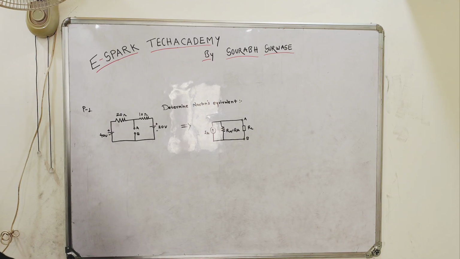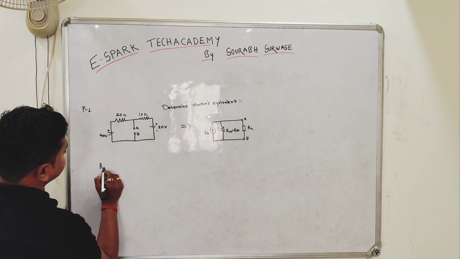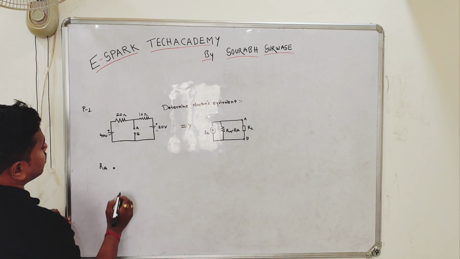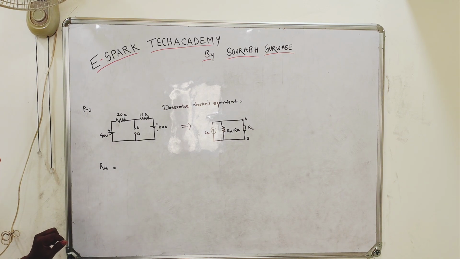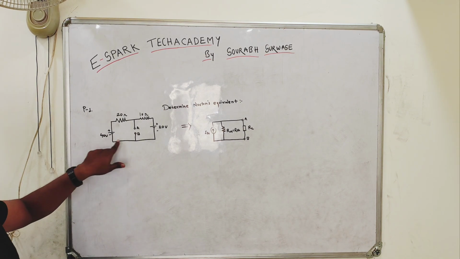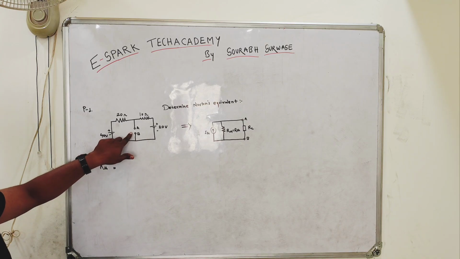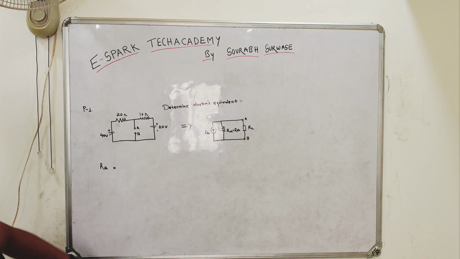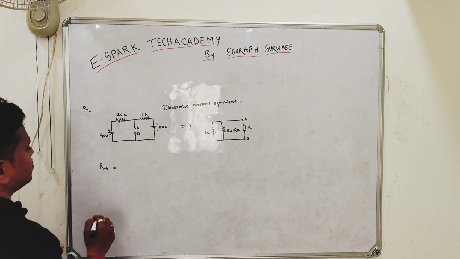First of all, in this case, you will calculate the RTH. While calculating RTH we have to replace the voltage sources and any kind of current sources with their internal resistances.